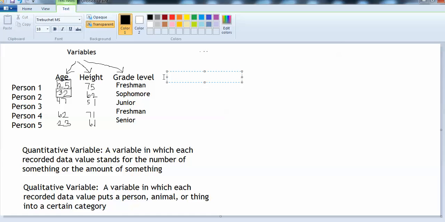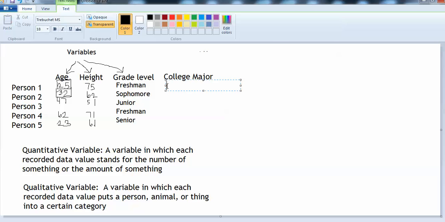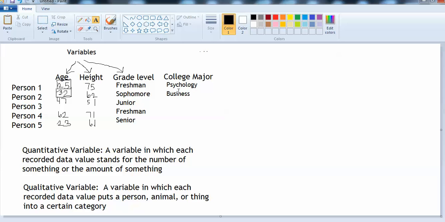What about college major? If we were asking each person, what's your major in college? That would be qualitative. Because if a person says psychology or business, these data values don't show the number of something or the amount of something.